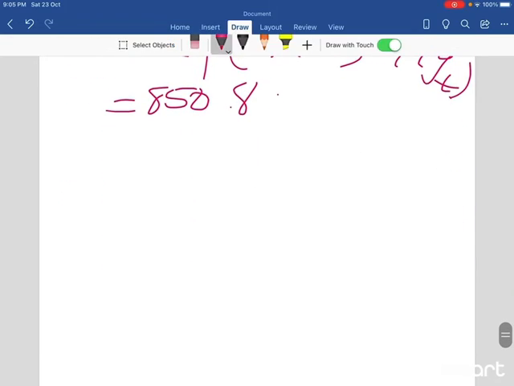6 is the same, but at 6 you have y hat star 170.